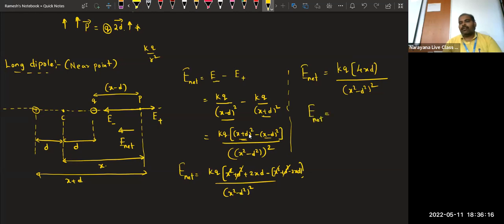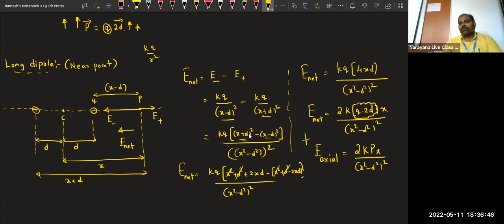So net electric field equals 2 into K, I will write separately, Q into 2D, I will write separately, X, I will write separately, and X square minus D square whole square, I will write separately. What is the product of charge into length of the dipole? Dipole moment. So I can write the net electric field or axial electric field as, very good, 2K P into X whole divided by X square minus D square whole square.